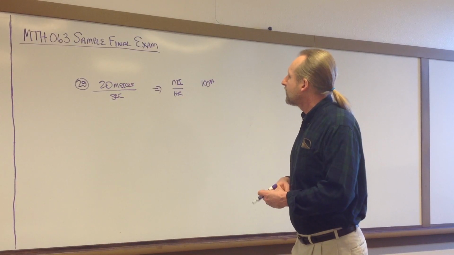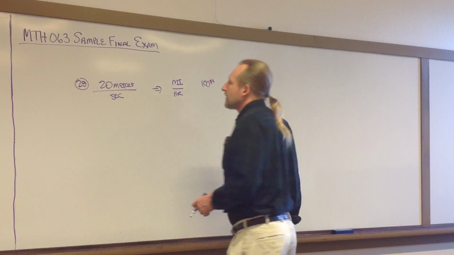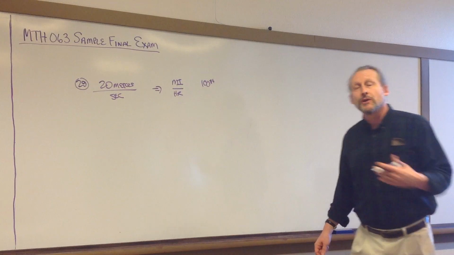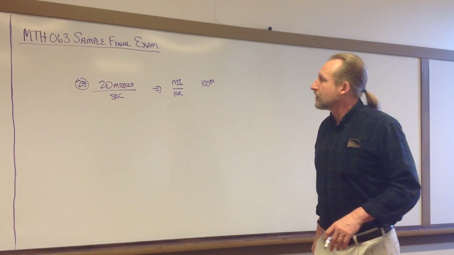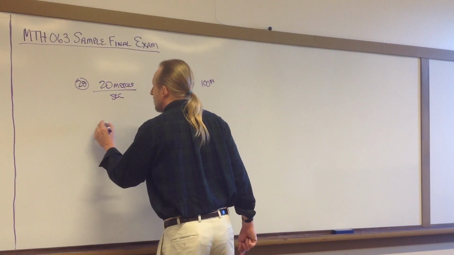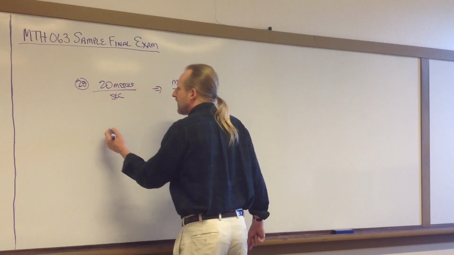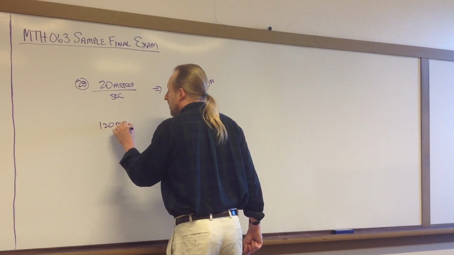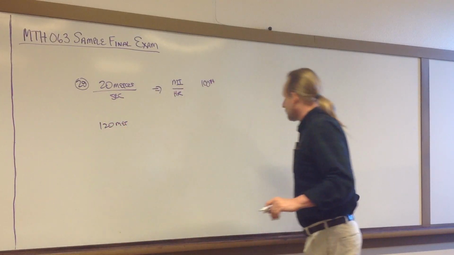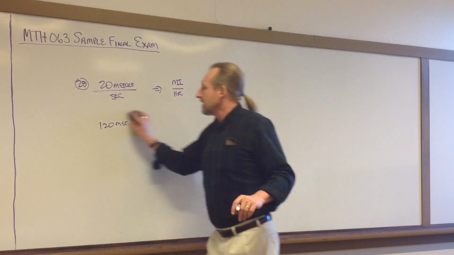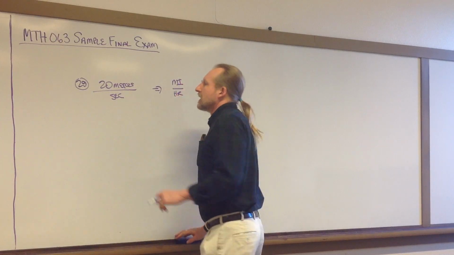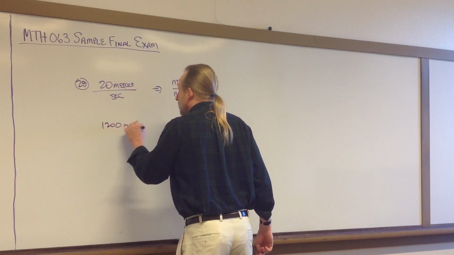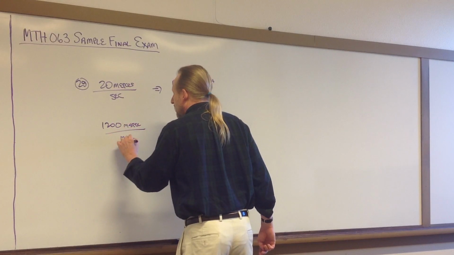First off, we'll convert meters per second into meters per hour. So first, 20 meters per second. If we multiply by 60, then we'll get 1,200. Doing that in my head sloppily, 20 times 60 will be 1,200 meters per minute.